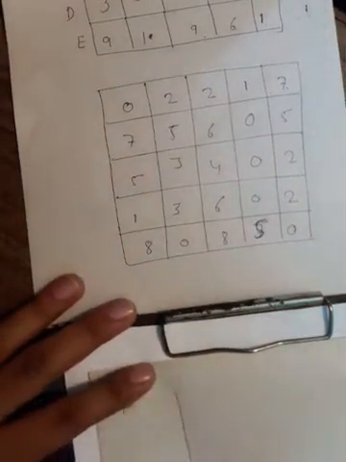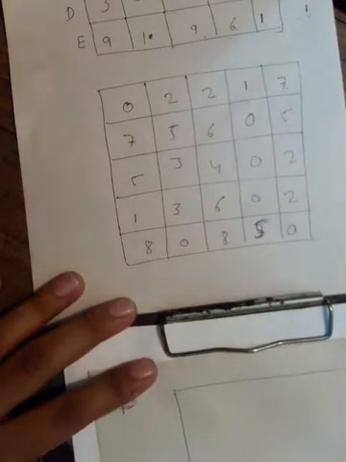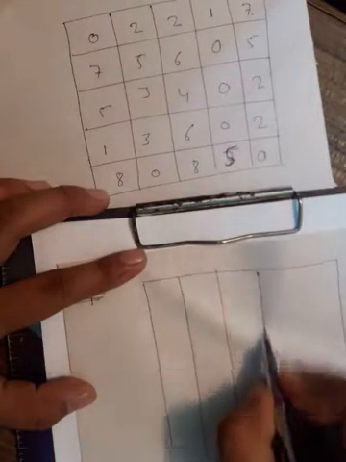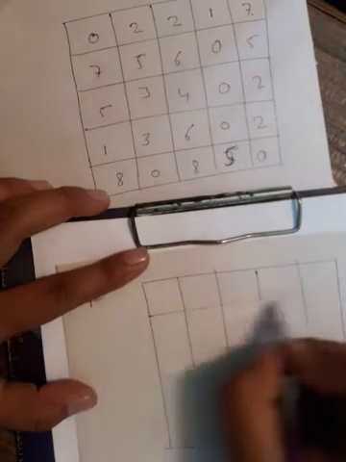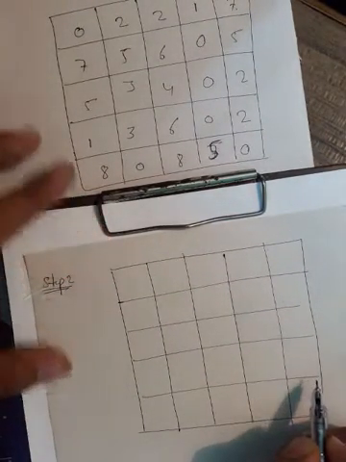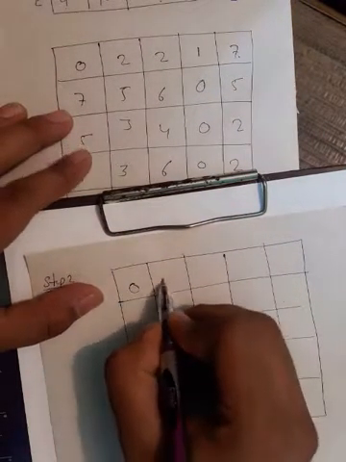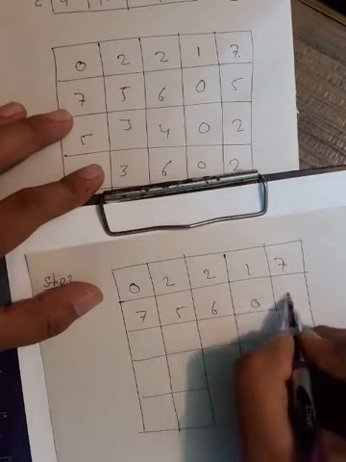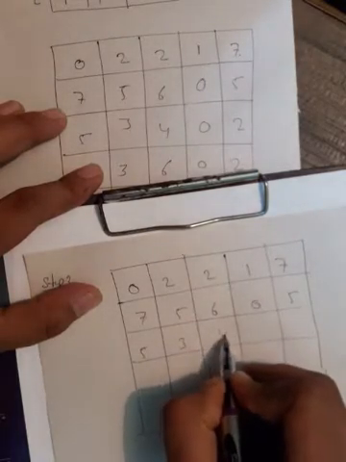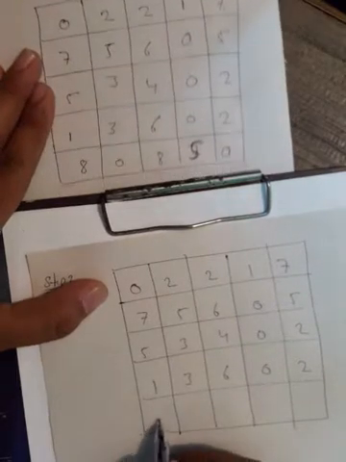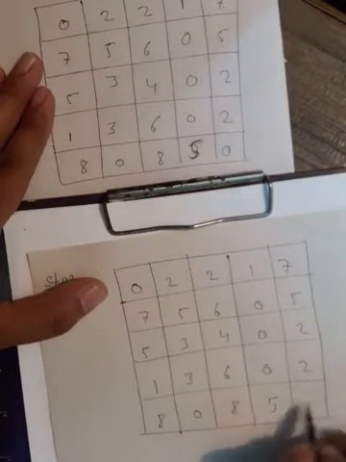Initially, first write the matrix as it is: 0 2 2 1 7, 7 5 6 0 5, 5 3 4 0 2, 1 3 6 0 2, 8 0 8 5 0.